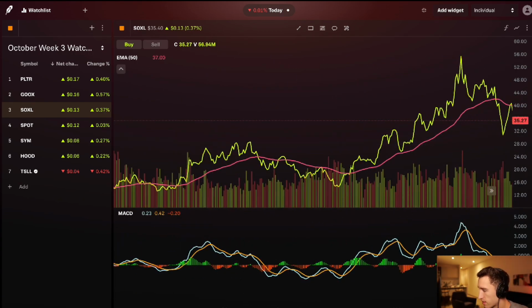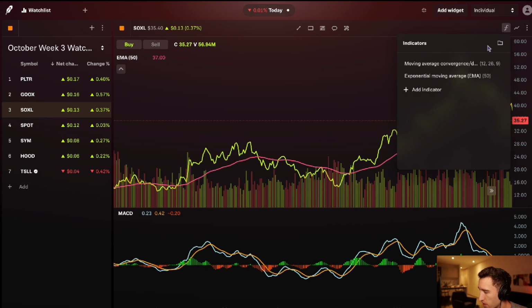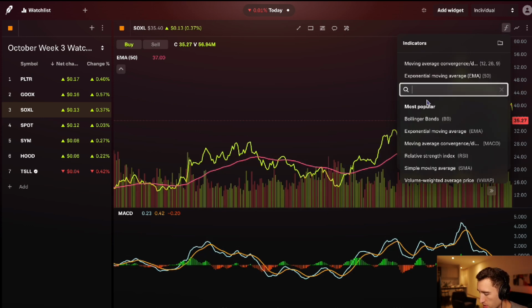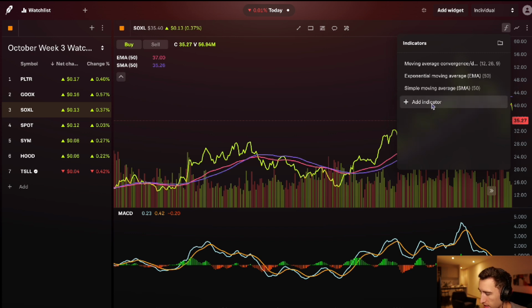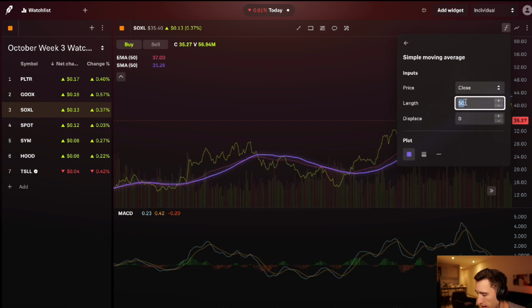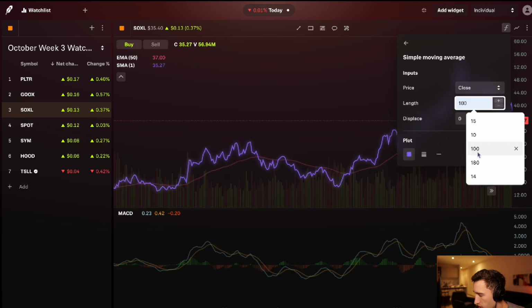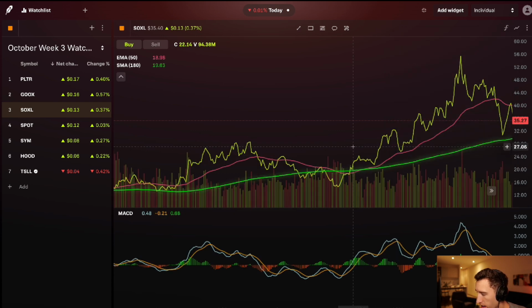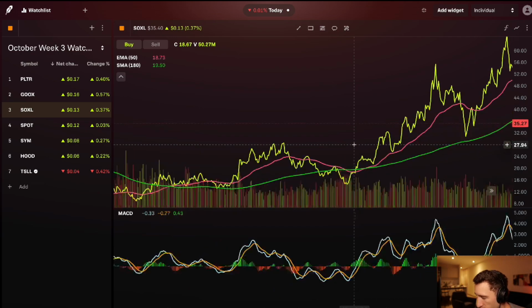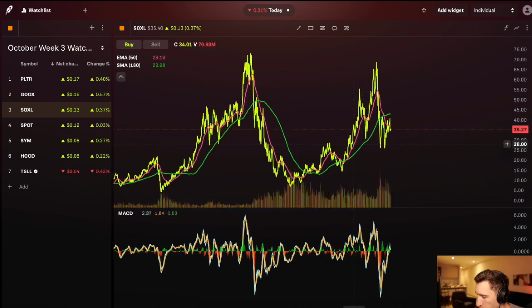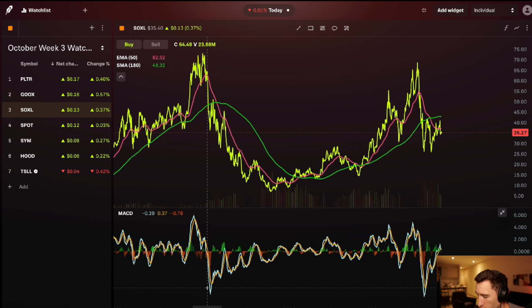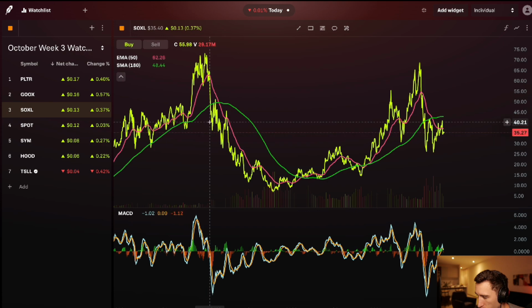Now, the other thing is if you add an exponential moving average, not just on the 50-day, but let's say a simple moving average and you put it on the 180-day, this is one I oftentimes use because it allows you to also pair it with the MACD. For example, right here on the MACD, you can see it was saying that it was oversold and it pushed up.